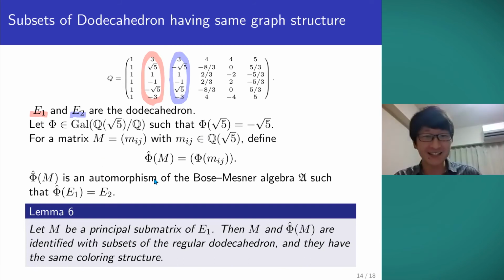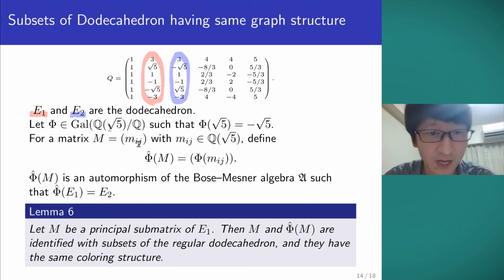Okay. Now we introduce a property of subsets of the dodecahedron that have the same graph structure. This means having the same structure of colorings. E1 and E2 are the dodecahedrons, and Gal is the Galois group of Q(√5) over Q, and φ-hat M is defined like this.